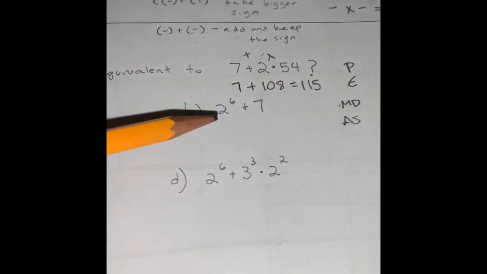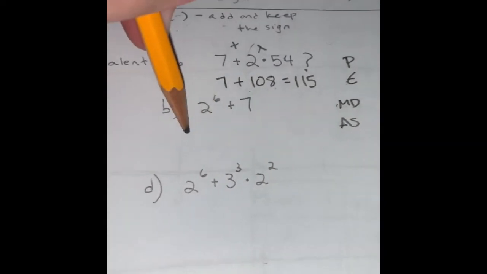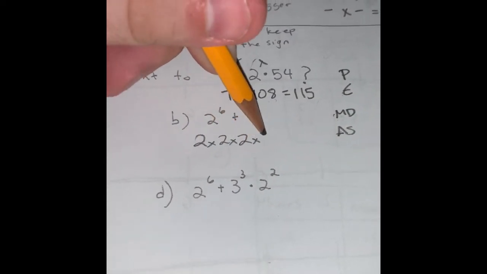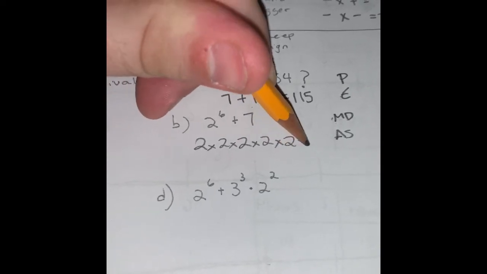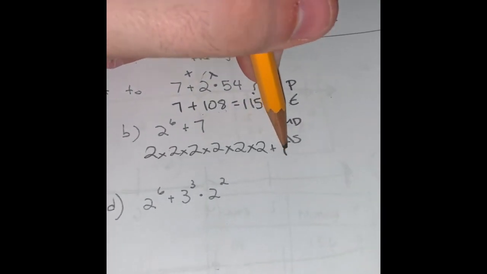And once again, I know that this exponent doesn't mean 2 times 6. It means 2 times 2 times 2 times 2 times 2 times 2. 1, 2, 3, 4, 5, 6. And then plus 7.